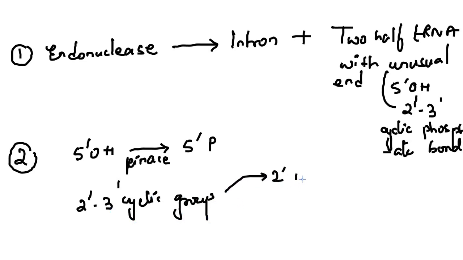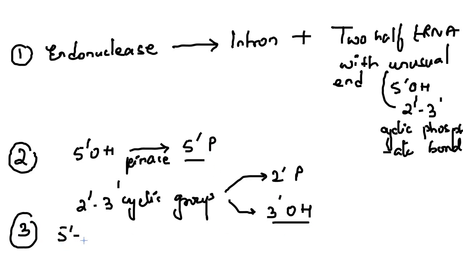A 2' phosphate group and a 3' OH group. And in the next step, the 5' phosphate and 3' OH are ligated, and the bond is formed by ligase.